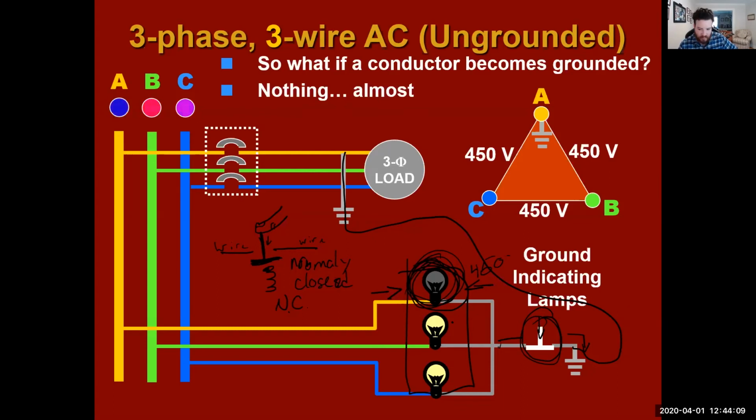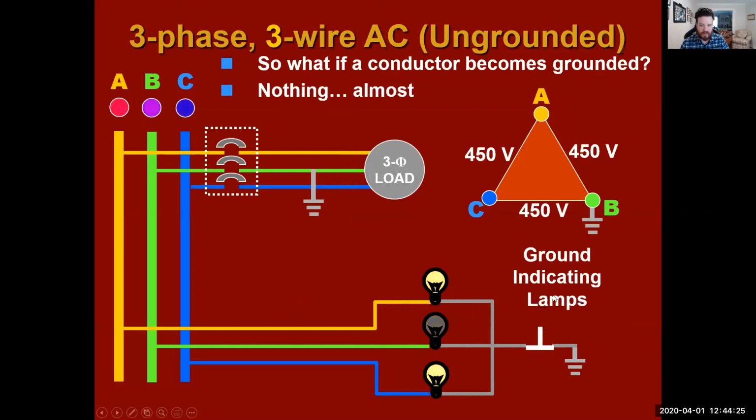These light bulbs will go dimmer, this one right here and this one right here. All right. And this one will go back on. And that's the same thing for each one of these light bulbs at any point that we have a ground.